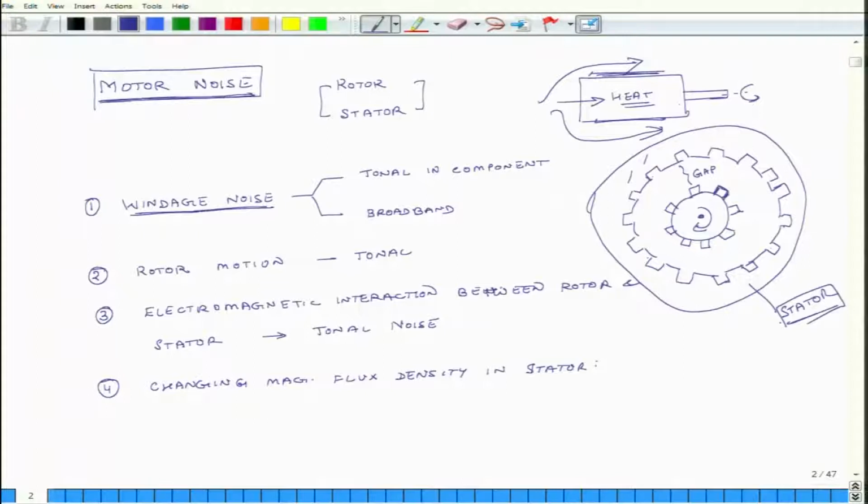When it becomes weak, things come back to their original position. So, there is lot of contraction and expansion happening because of magnetic flux density in the stator. So, this is because of dimensional changes happening. And this is again tonal noise.